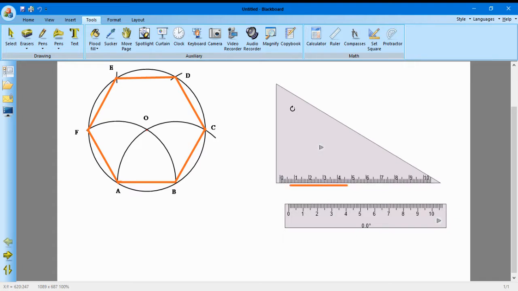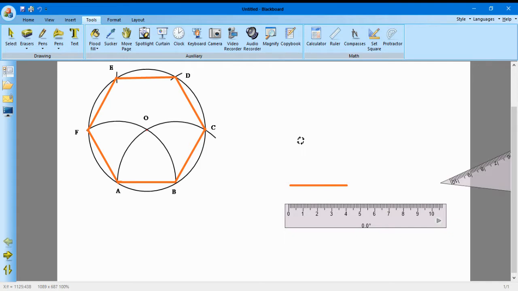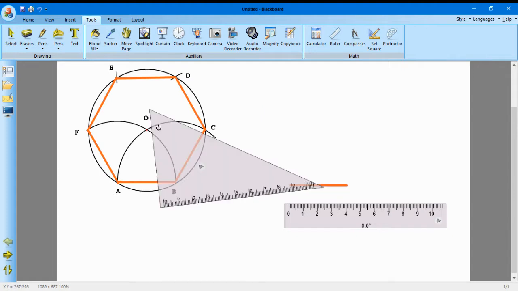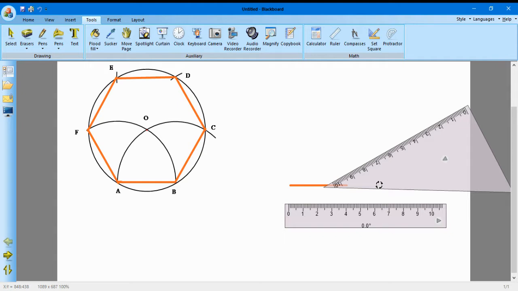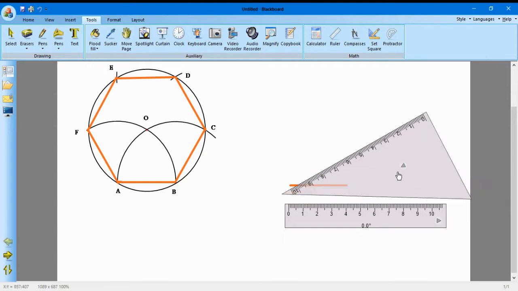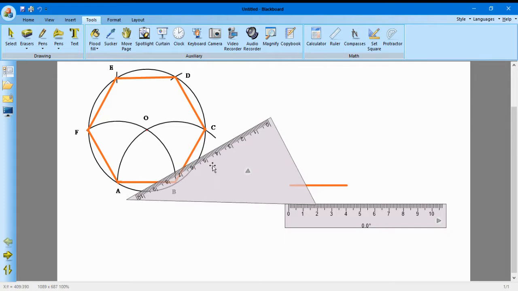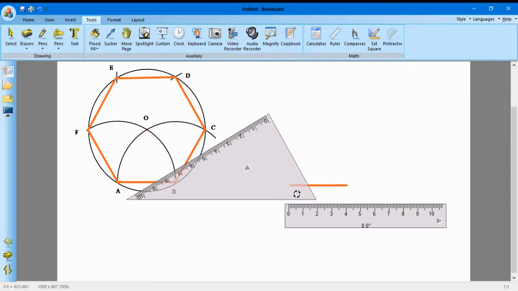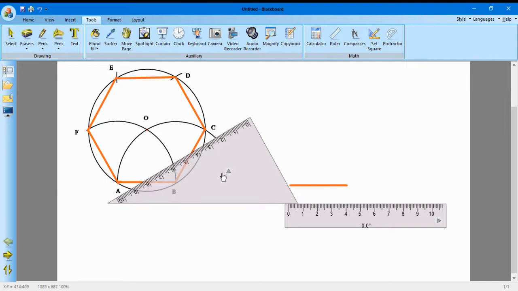So what I'll be doing, all right. This side that you are seeing here is a 60 degrees angle.